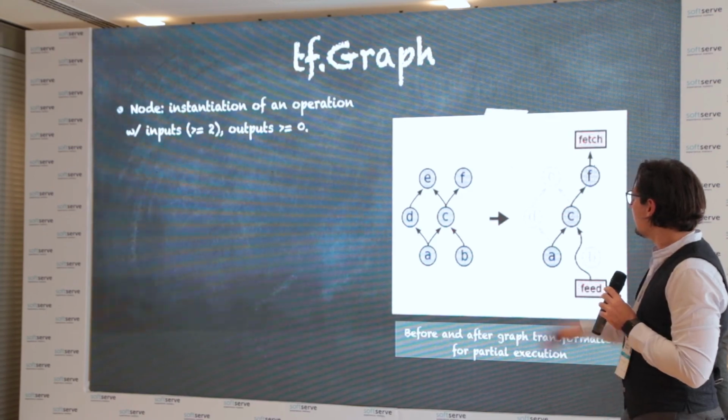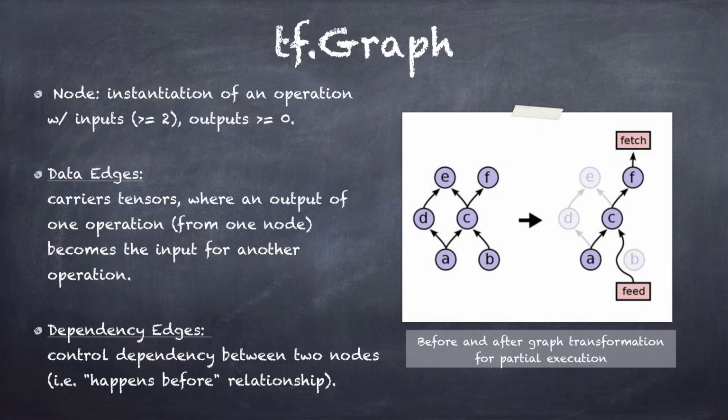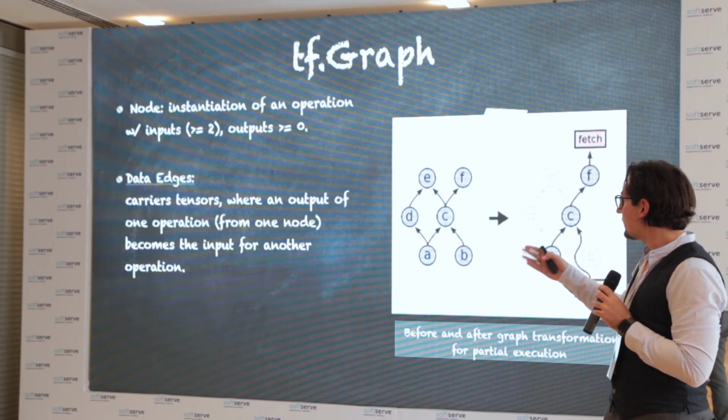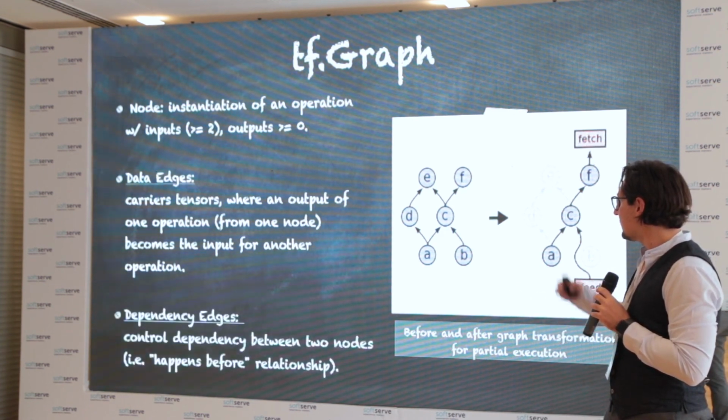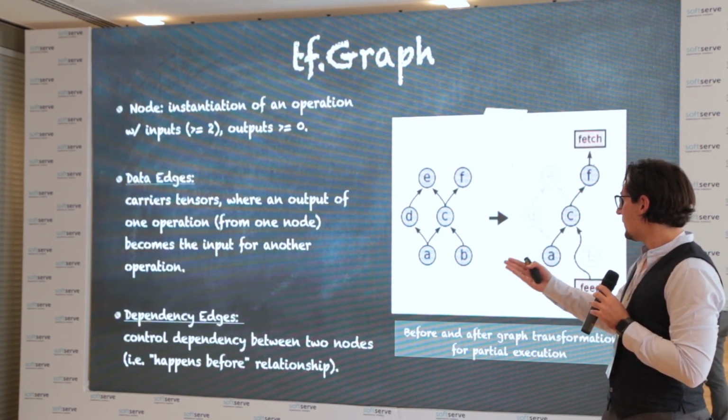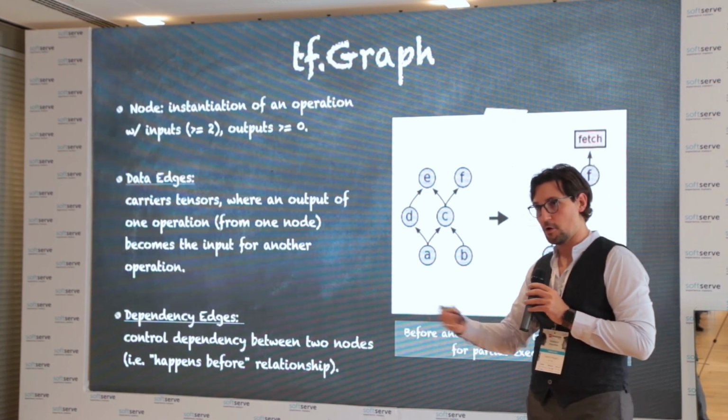In more detail, nodes are instantiations of an operation with a number of inputs which is equal to or greater than 2, and the output must be greater than or equal to 0. And edges may be divided into categories. You have data edges, so tensors carrying actual data, and dependency edges, so edges controlling the dependencies of the operation, right?